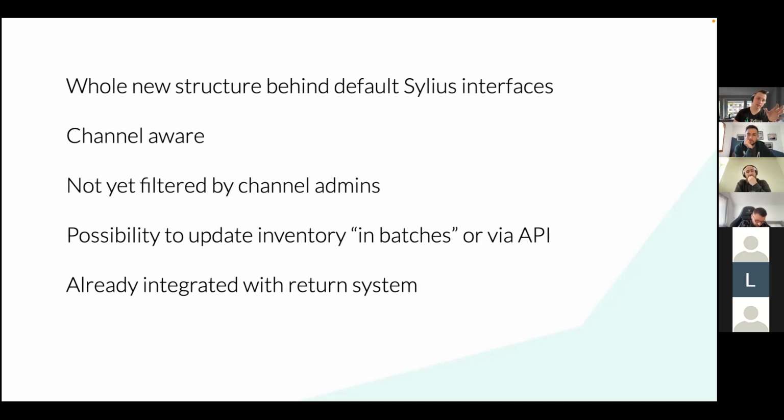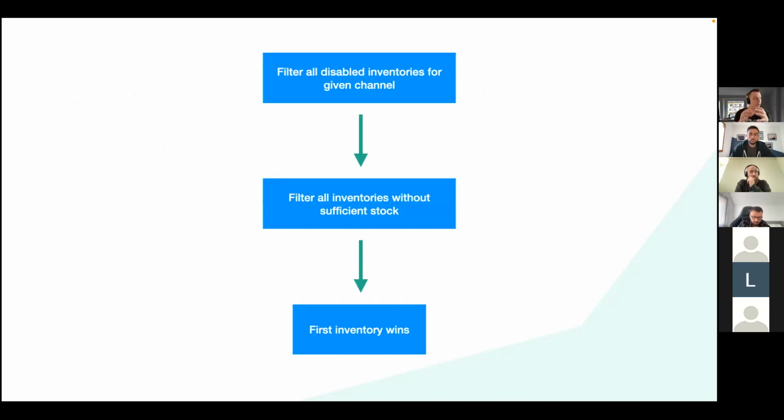Let's also take a look into inventory resolution logic, because the biggest complication that comes with multi-source inventory is from which warehouse the items should be fetched. In our implementation, it goes like this. We are filtering out all disabled inventories for a given channel. So first of all, the inventory needs to be enabled, and it also needs to be available in the particular channel where the customer is shopping.